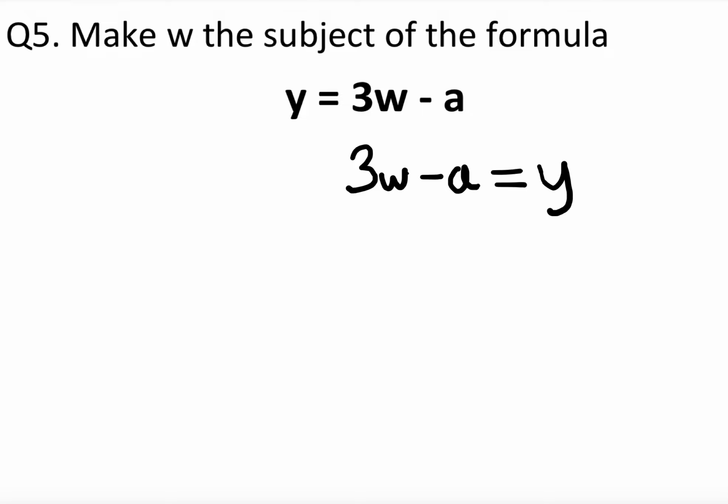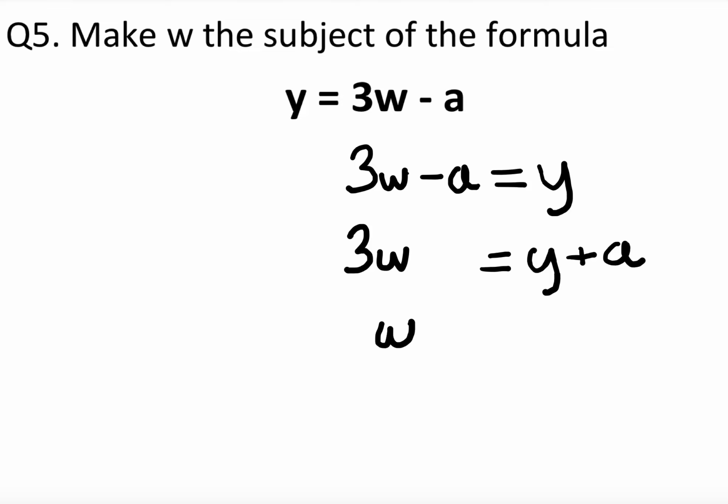Now it's just going through the steps again. 3W, let's get rid of the A, put it the other side, equals Y. If I take A away from this side, I need to add it to the other side, plus A. We're nearly there. Now we've got 3W.